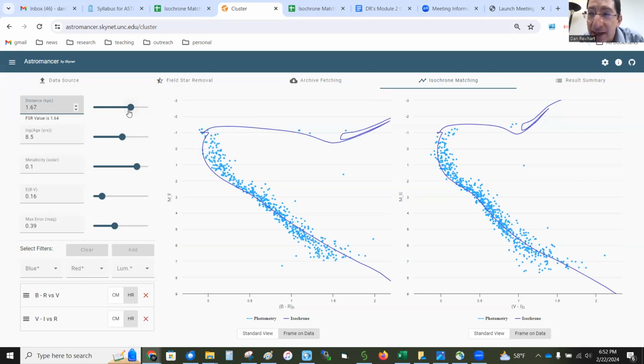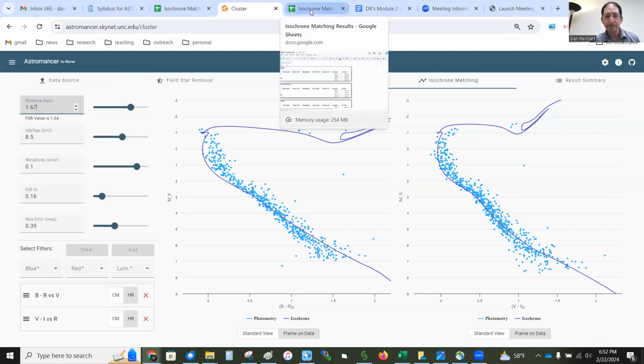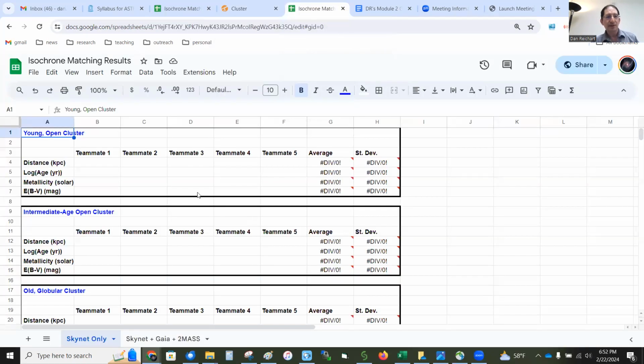Anyway, do your best, take your time, and then when you're done, you're going to record it in a spreadsheet. The spreadsheet's linked in the lab. So here's your young open cluster, your intermediate age open cluster, and your old globular cluster.